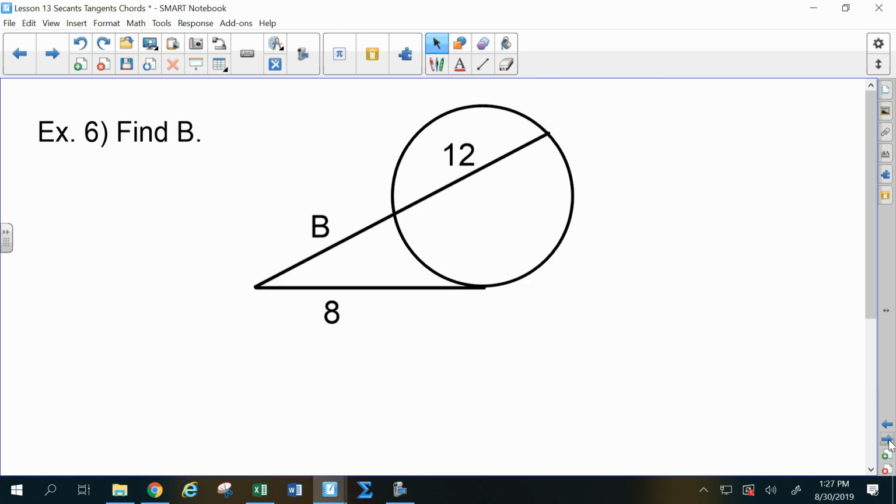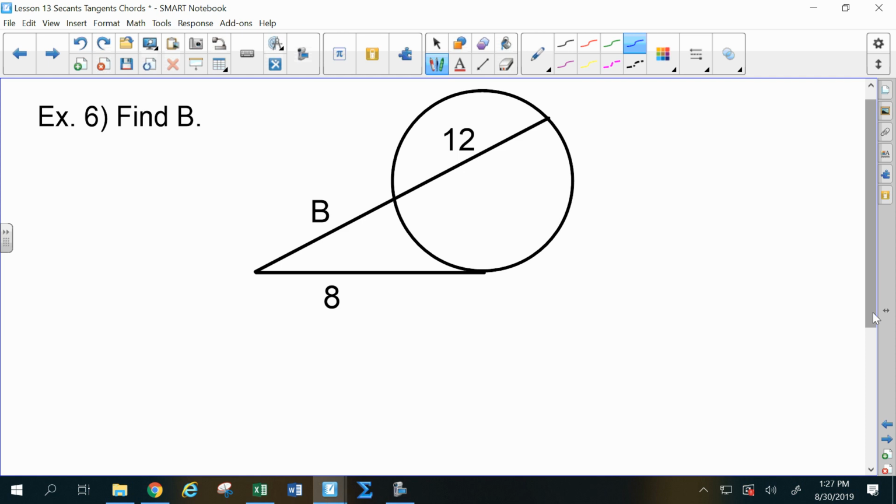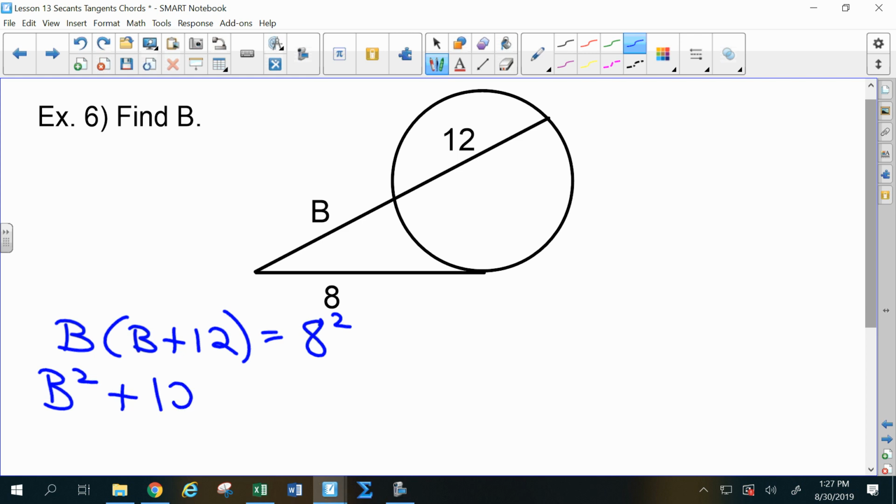Last one, this time we have a tangent line. So for this one, we have outside times the whole thing, so b times (b plus 12) equals. For the tangent line, 8 is outside, 8 is also the whole thing, so 8 squared. So we have the quadratic b squared plus 12b minus 64 equals 0.